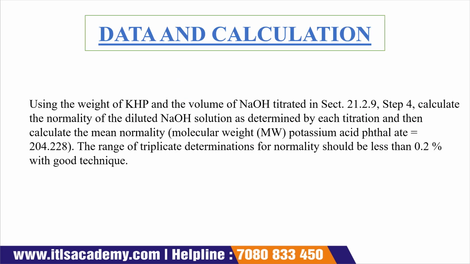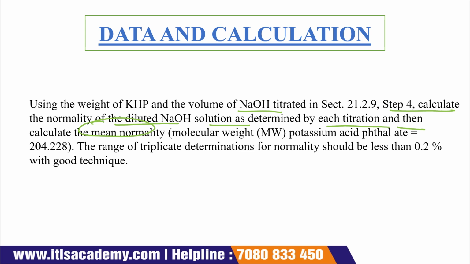Now the next one is your data and calculation. Using the weight of KHP and the volume of NaOH which is titrated in the above section, step 4, calculate the normality of the diluted NaOH solution determined by each titration, and after that you have to calculate the mean normality.